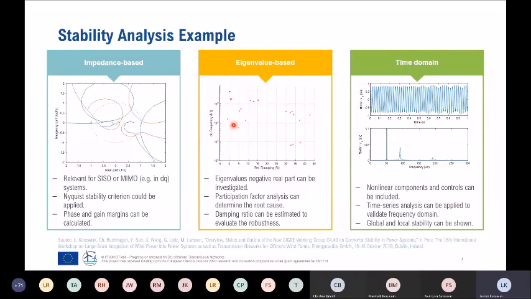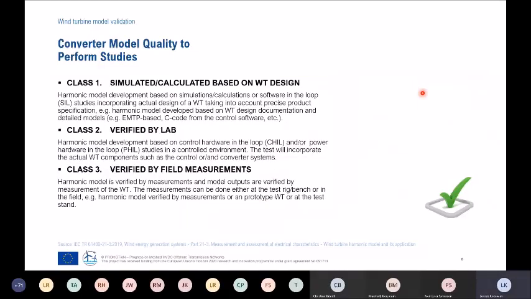One can also determine the specific frequency for this particular eigenvalue, and this can be supported by participation factor analysis to define which state variables contribute the most to the system. And of course, validation and further analysis in the time domain is needed, with the nonlinear system representation.